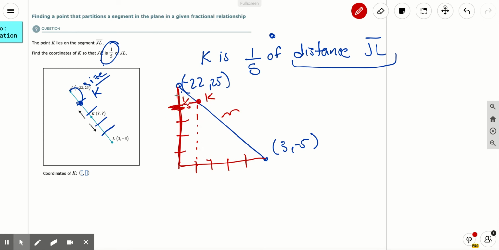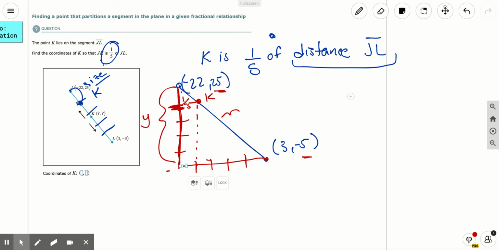Okay, so what you could do is find this distance and find 1/5 of it. Okay, so what is the distance between the Y's? Because remember, this is the Y distance. So we climbed from, this was -5, right? Here's my Y here. I was at -5, and now I'm going to climb up to 25.